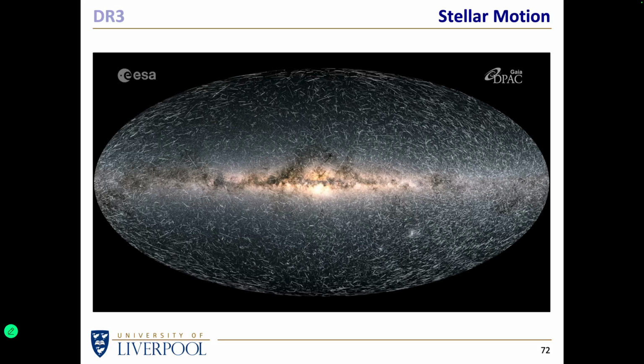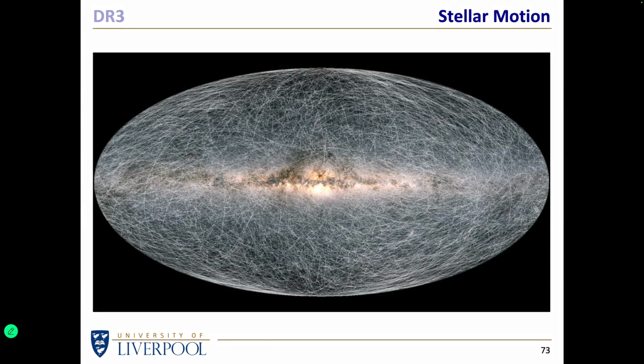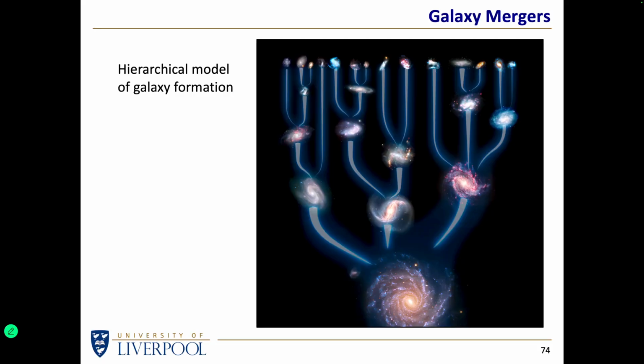So by mapping out the velocities and the orbits, extrapolating the orbits of all the stars we can see, we come to the conclusion that the Milky Way has interacted and merged with other galaxies in the past. We can get an idea of the family tree. This is only a schematic, not a real tree.